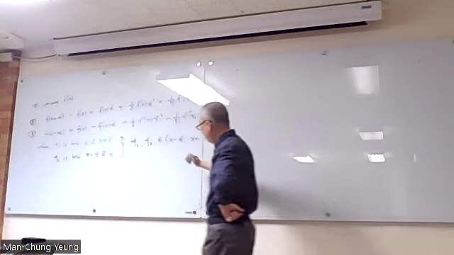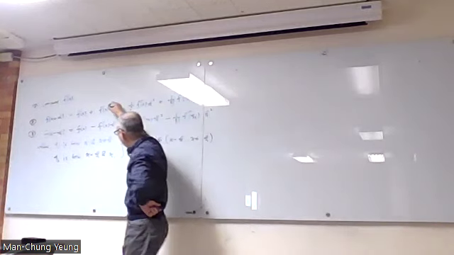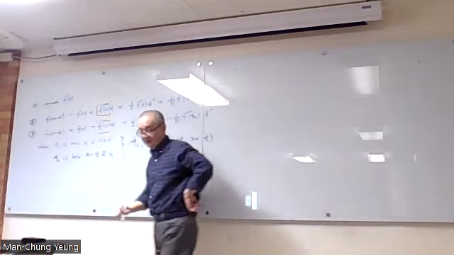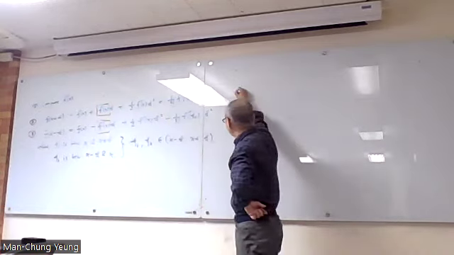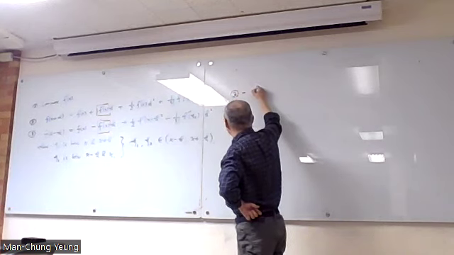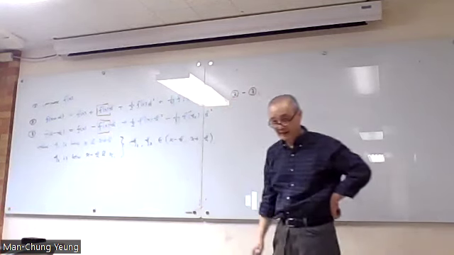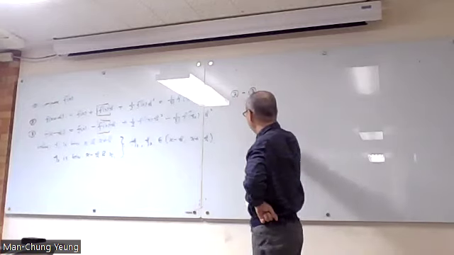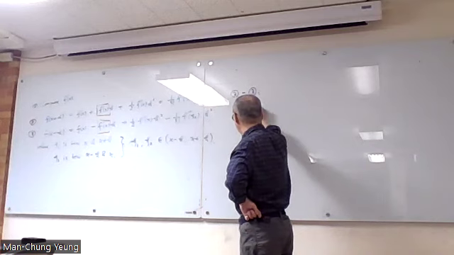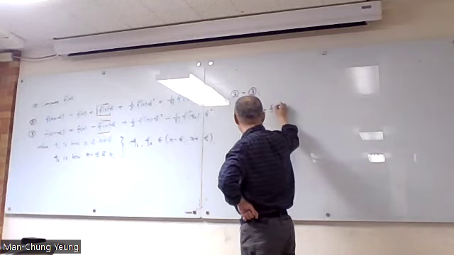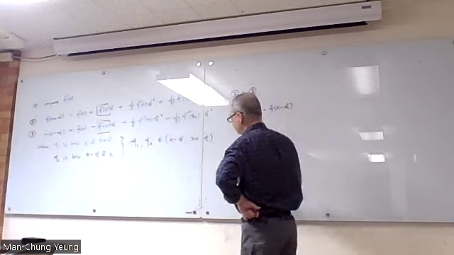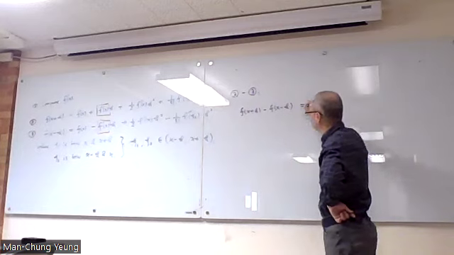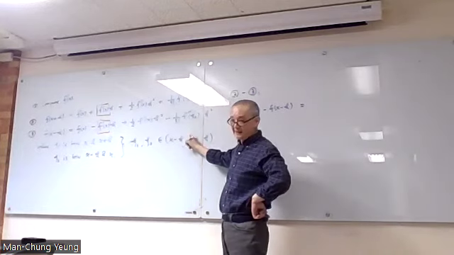I want this term, so how about equation 2 minus equation 3? See what will happen. The left hand side is f of x plus h minus f of x minus h. Now the right side, equation 2 minus equation 3.